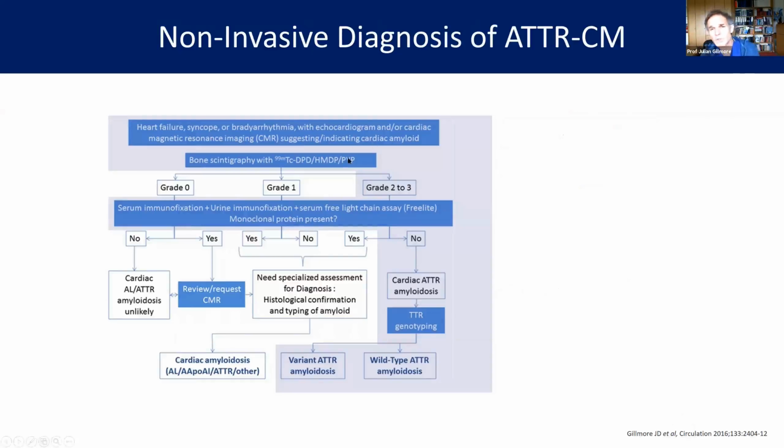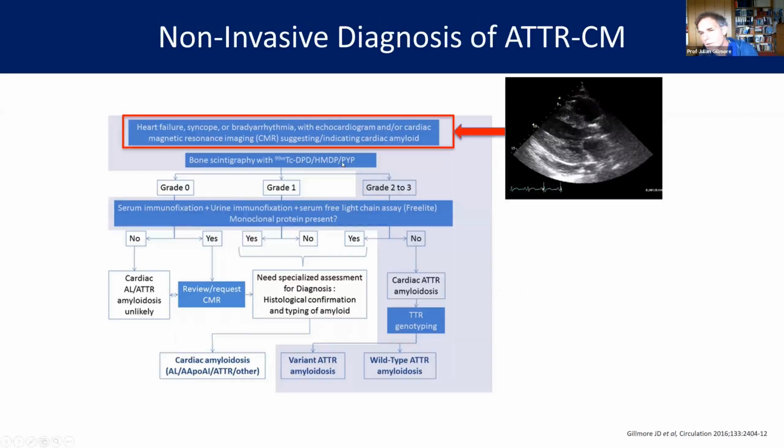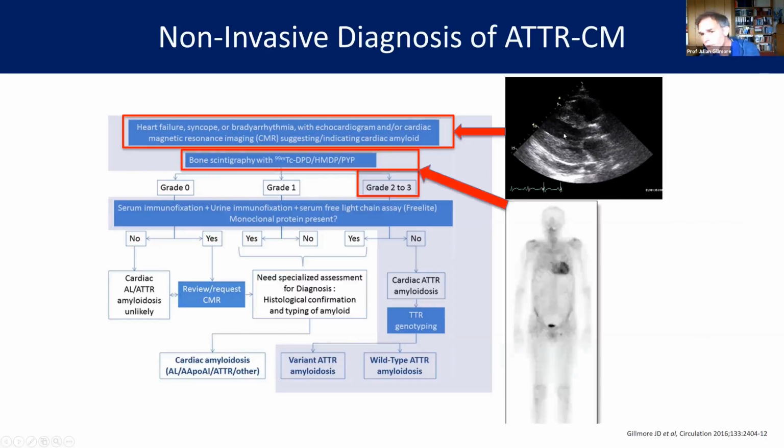And so we were able to come up with this diagnostic algorithm: if you had an echocardiogram or a cardiac MRI scan raising a suspicion of cardiac amyloidosis because of thickened walls or this late gadolinium enhancement, you then do a bone scan, which shows either grade 2 or 3 uptake in the heart that is greater than uptake in the bones.